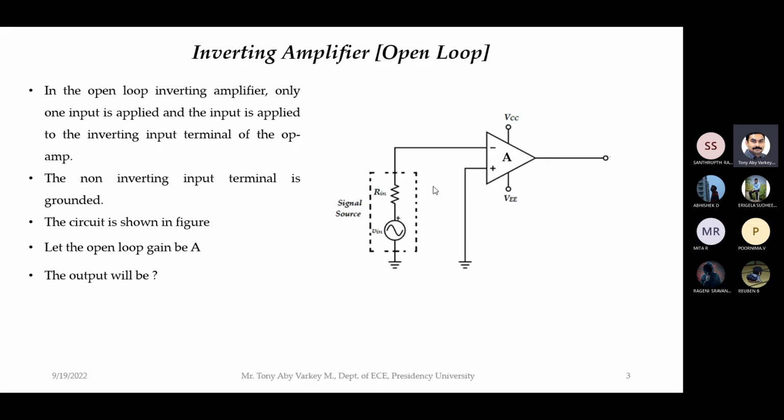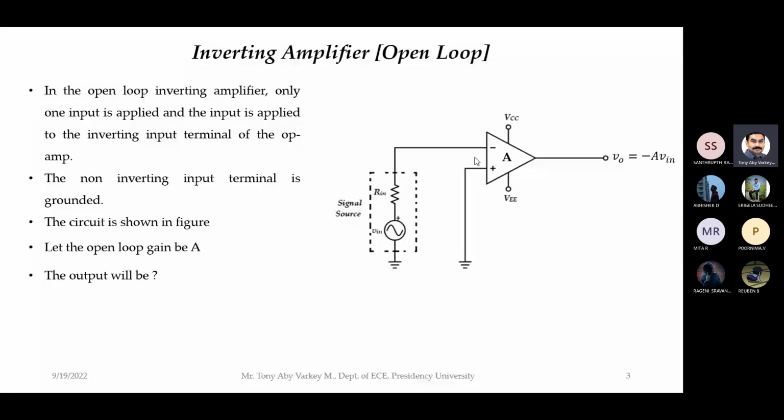What is the voltage at the inverting terminal? It is connected to V in. So what is the differential input voltage? Voltage at the non-inverting terminal minus voltage at the inverting terminal, so 0 minus V in. So it will become minus A into V in.